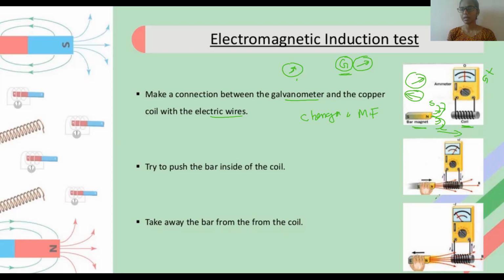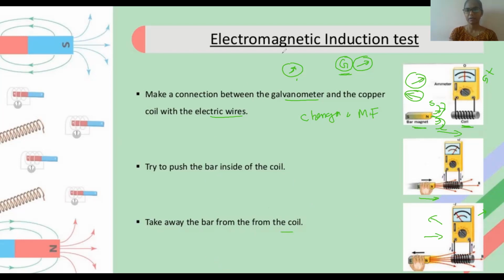When you bring the north pole nearer, it shows deflection to this side. When you bring it outward, it shows deflection on the opposite side. So it shows deflection when we change the magnetic field. Try to push the bar inside the coil and take the bar away from the coil, and you can see this kind of deflection, right, children?